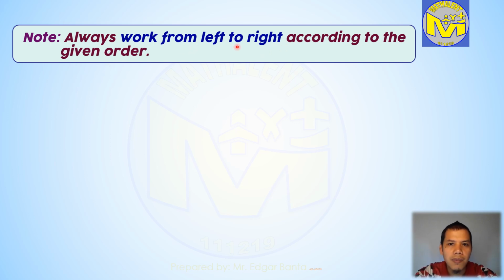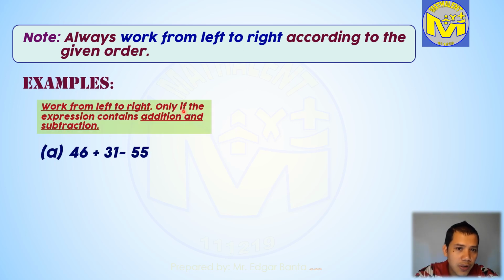We will work from left to right only if the expression contains addition and subtraction only. We have plus and minus like this. Work from left to right. So 46 plus 31 is how many?